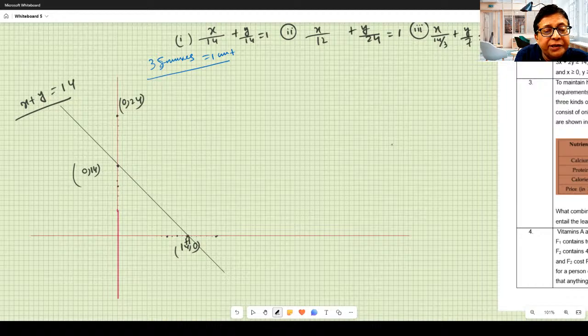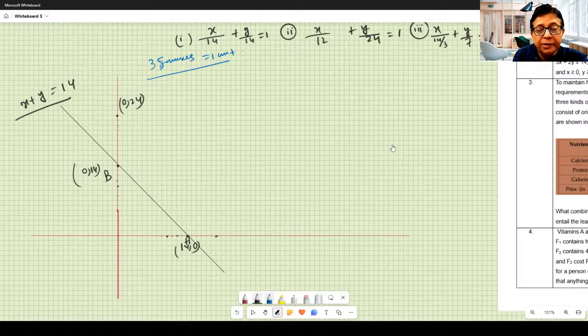This is our AB, and this line is going to be, let me plot it with a different color. This is for the second line, 0, 24. Okay? So the line will pass through this point and this point.